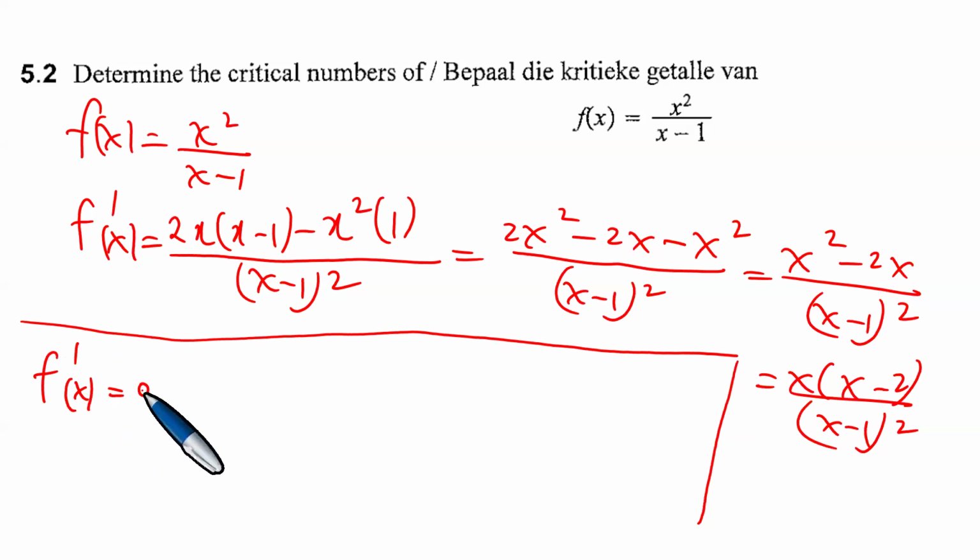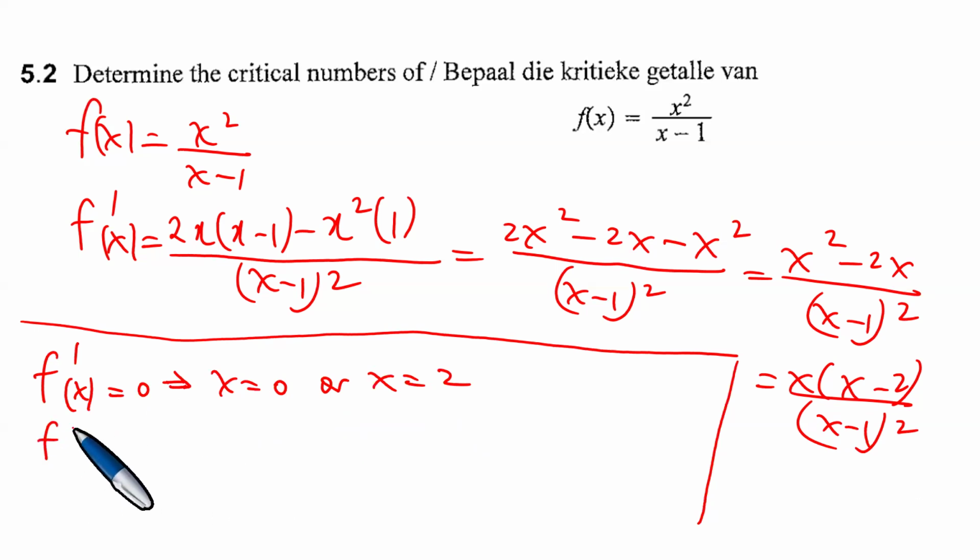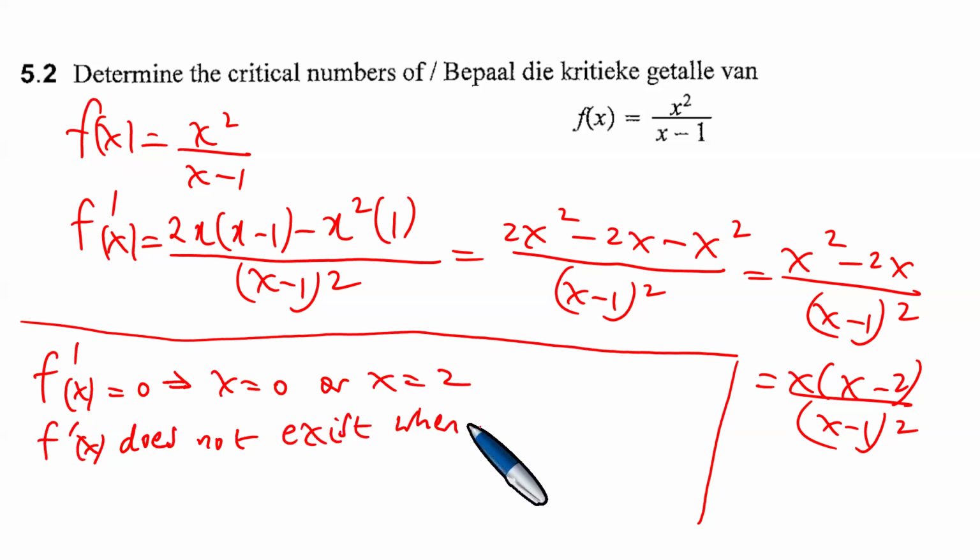So f prime becomes 0, which means that if this is 0, this would imply that x is 0 or x is 2. And f prime of x does not exist when x is 1.